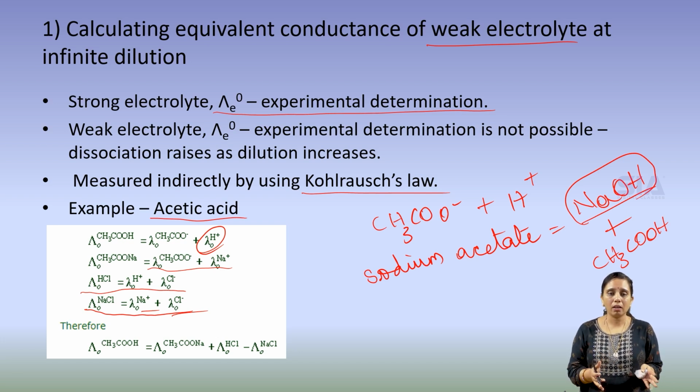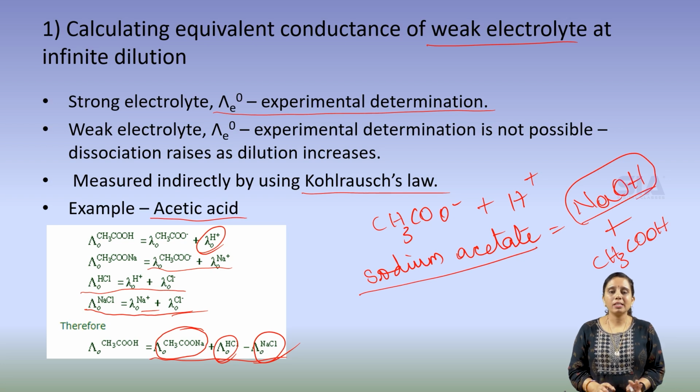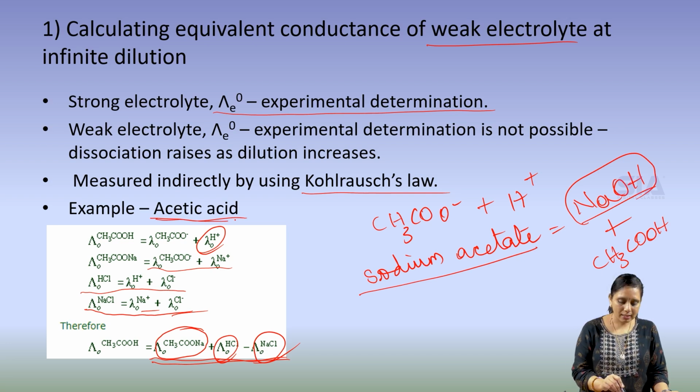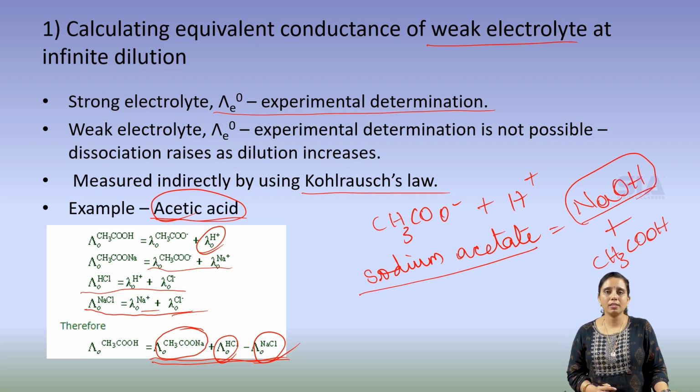To find the infinite dilution value of acetic acid, we can take it as the sum of the equivalent conductance at infinite dilution of sodium acetate and HCl, minus NaCl. When we solve this equation, we get the value of equivalent conductance of acetic acid at infinite dilution. This is how the equivalent conductance at infinite dilution for weak electrolytes can be calculated indirectly.